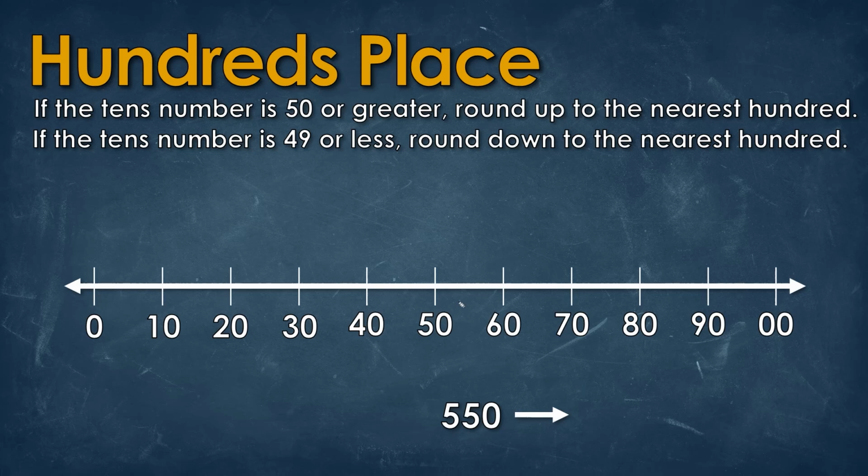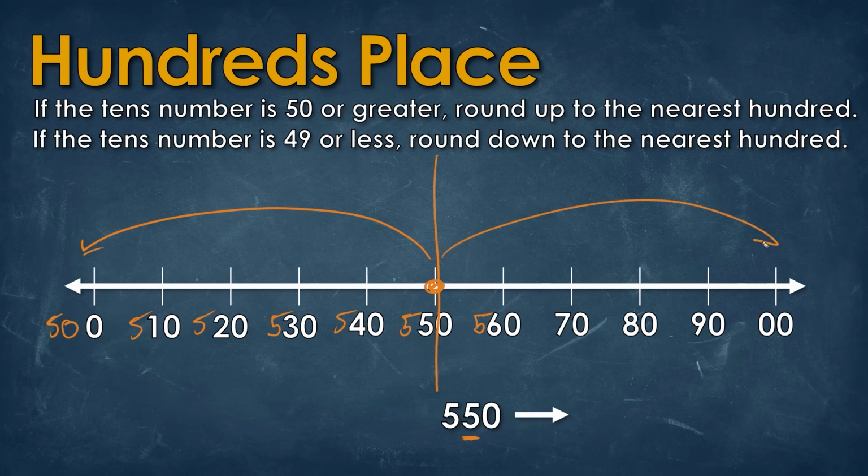Now what happens if our middle number is a 5? Again, we're going to put a middle line down at 50. I'll fill this out from 500 to 600. And now we have to ask the question, what happens whenever we put a value right there on the middle? Is it going to be less than, or is it going to be greater than? Are we going to go up to 600, or are we going to stay at 500?